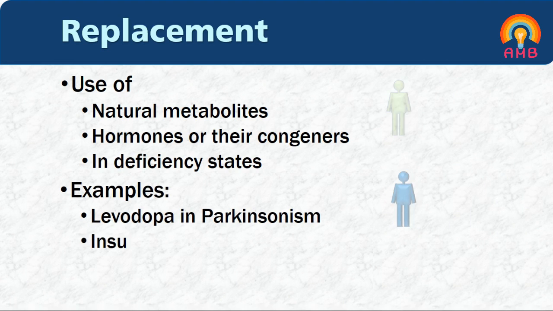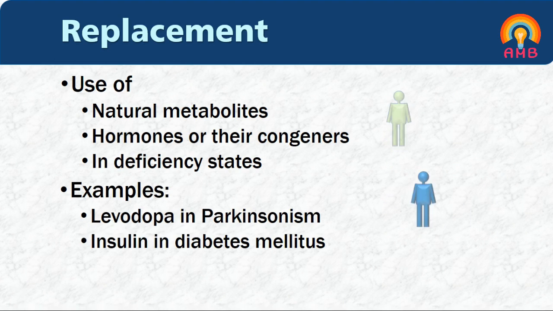Another example, insulin from pigs or other animals can be used to control insulin dependent diabetes mellitus. Here also we are correcting deficiency of insulin.